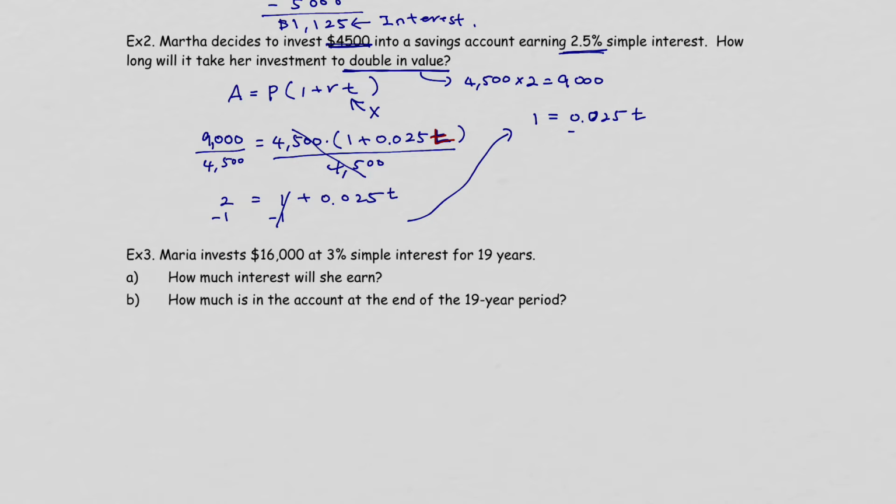This is multiplication, so in order to get rid of multiplication, you divide both sides by the same value. That's another 1. So t is equal to 1 divided by 0.025. And when you plug that into the calculator, you will get about 40. So what this means is it will take 40 years to double your amount with 2.5% interest.